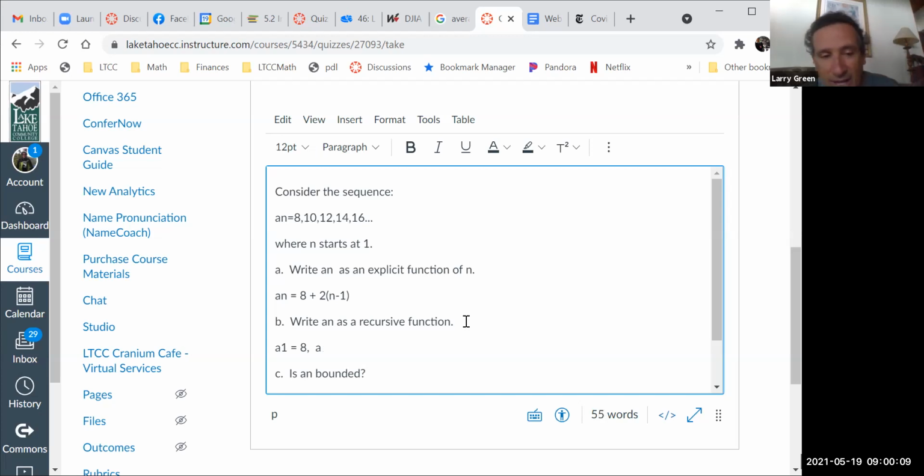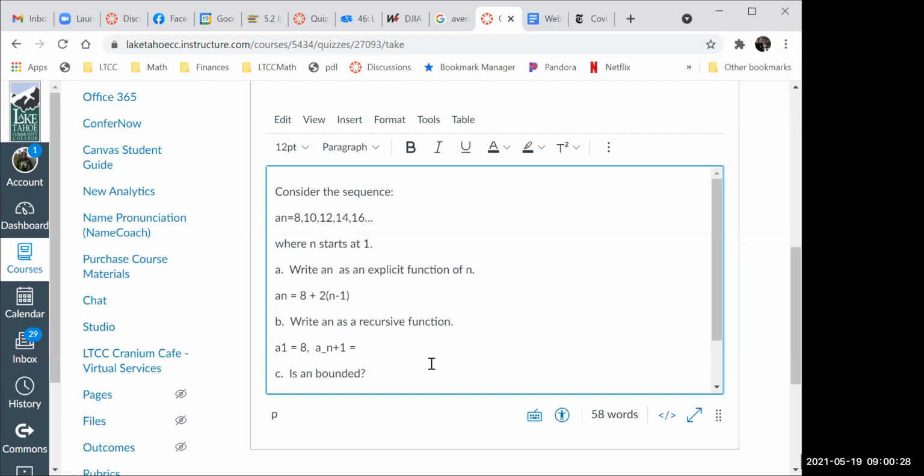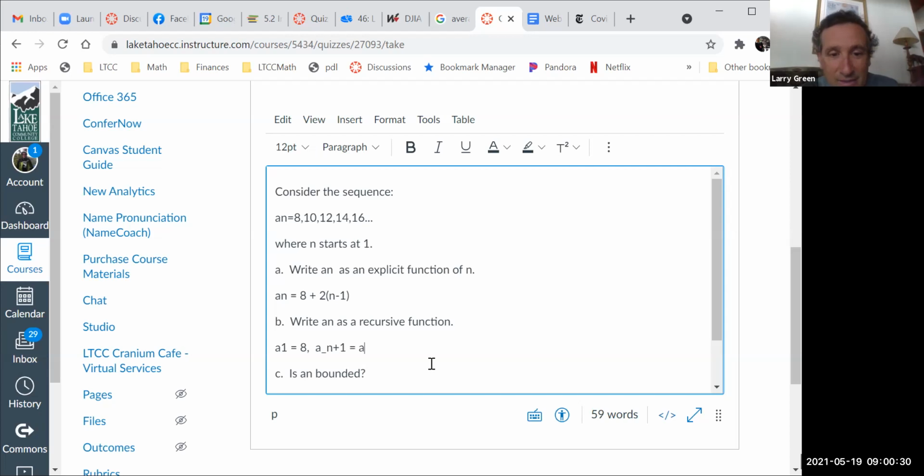I'm just going to go A sub n plus 1 is equal to, well, if we're at a term, what do you have to do to get to the next term? Add 2. So that's going to be A_n plus 2, and that's it.